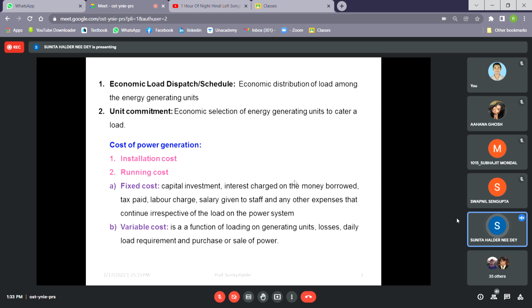So variable cost will be dependent on the loading of generator units, and if the load is more, then more fuel will be required, so the cost will be higher. If the loss is more, then also the cost will vary, and it will depend on the daily requirement of load and how they have been purchased, all those.